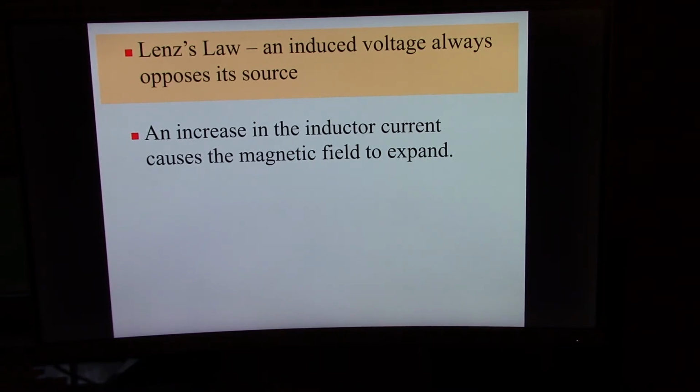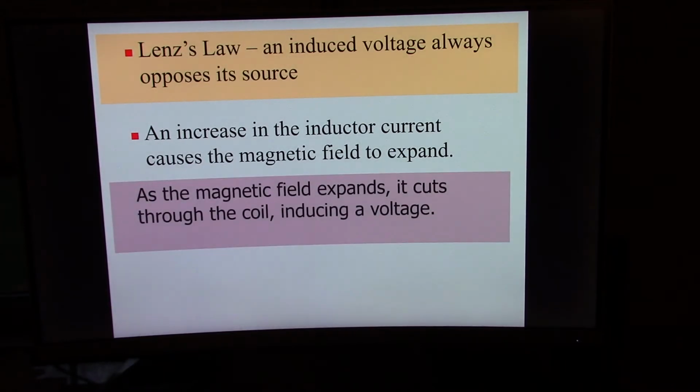So if you increase the current, then the magnetic field will expand, as we saw in the previous slide. And when you have this increase of the magnetic field, it produces a voltage in the coil itself.